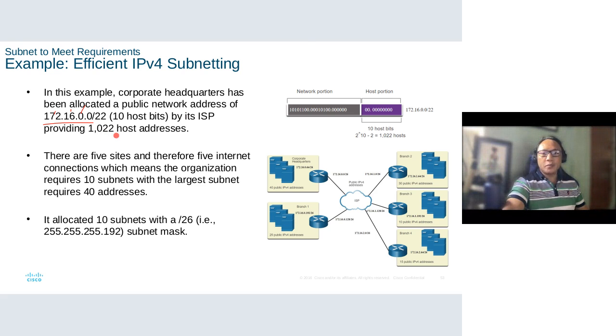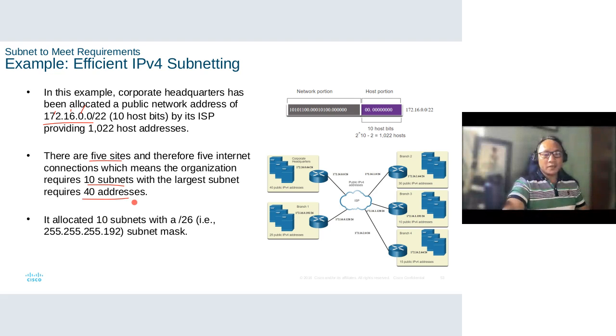Remember, it can provide 1022 host address, no? Accordingly. But here, in this example, there are 5 sites ng company na to, itong corporate headquarter na to, and therefore 5 internet connection, which means the organization requires 10 subnets with the largest number that requires 40 addresses or 40 hosts. Okay? So it allocated 10 subnets.